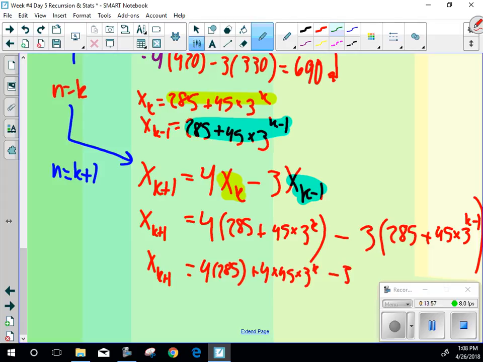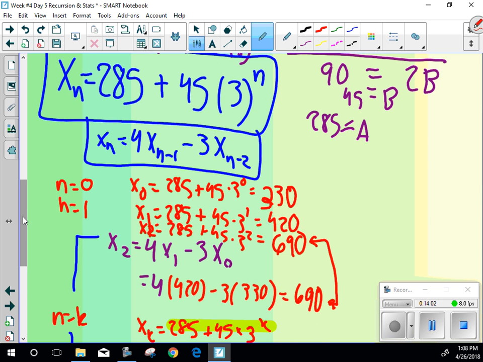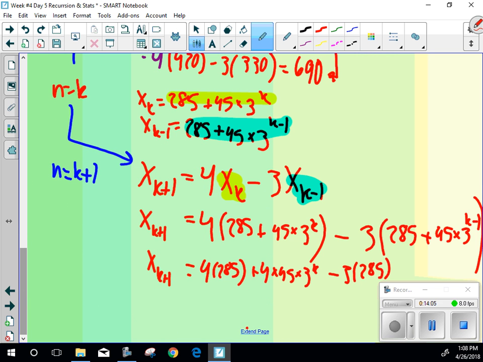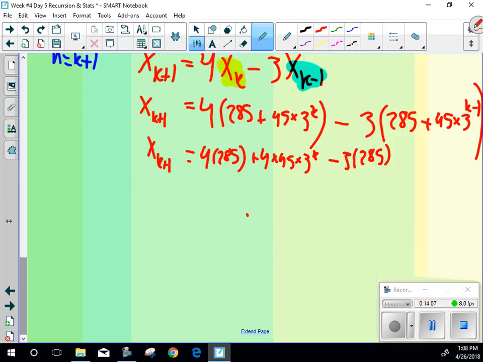I'm going to subtract 3 285s. Please don't multiply those out unless you dislike yourself. Minus 3 times 45 times 3 to the k times what? 3 to the k minus 1 is 3 to the k times 3 to the negative 1, or 1 over 3. Does that make sense? Because it's 3 to the k minus 1, 3 to the k times 3 to the negative 1.